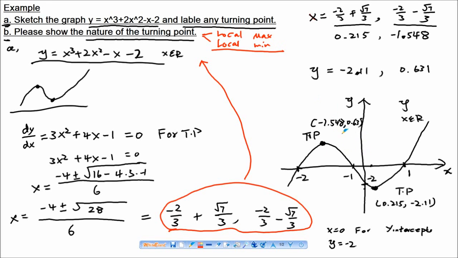From the graph, I can say at x equals minus 1.5, I would have a local maximum turning point. At x equals 0.215, I will have a minimum turning point. But in math, when they ask you to show, you can't just say it, you have to write down some equations and prove it in a mathematical way.